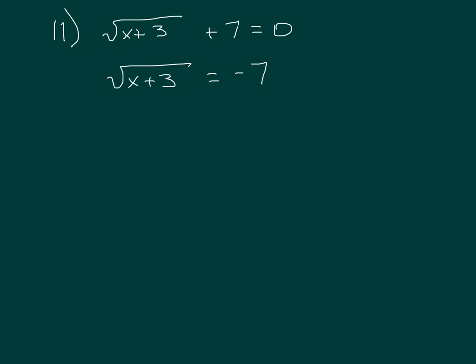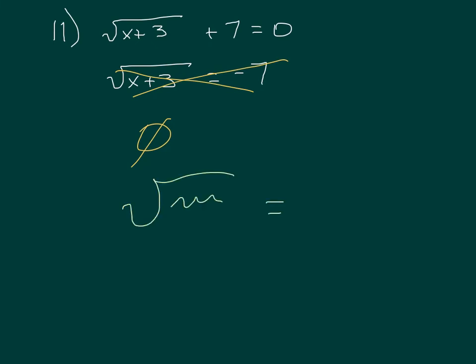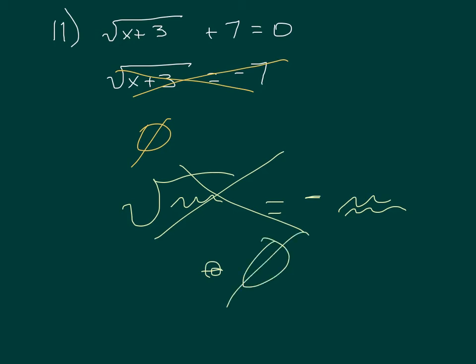So since the square root can never end up to be a negative real number, we know that there is no solution here. So the solution is a null set. So if you end up with the square root of anything equals a negative anything else, you can already know that that is going to be the null set.